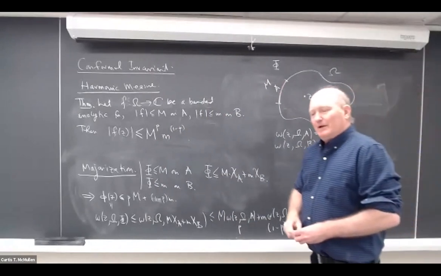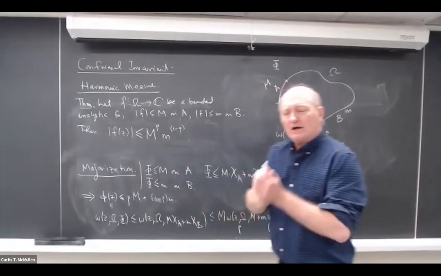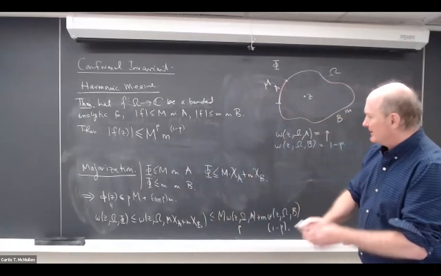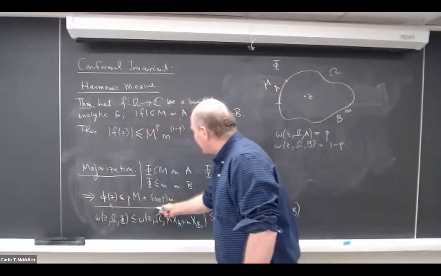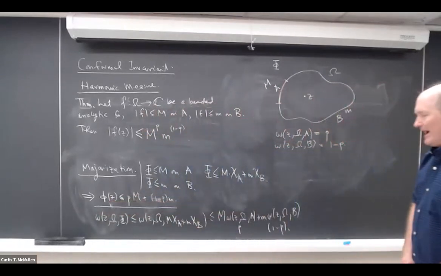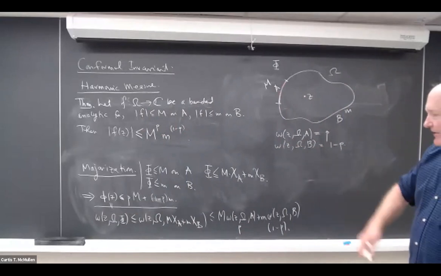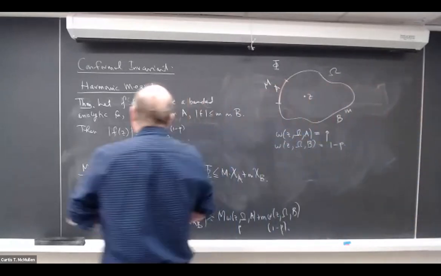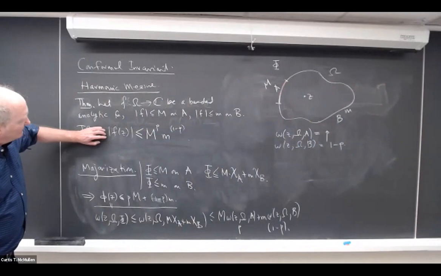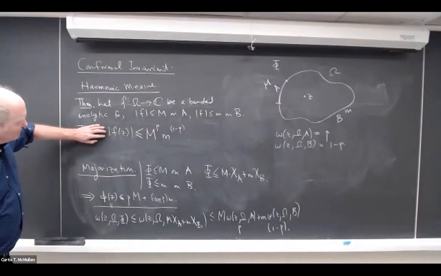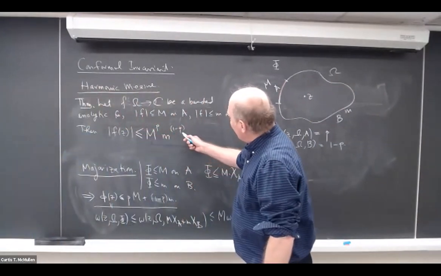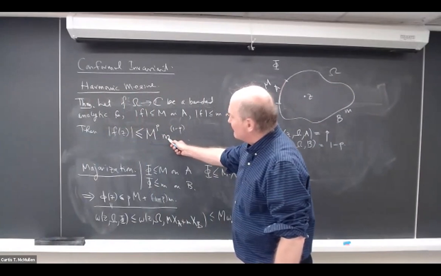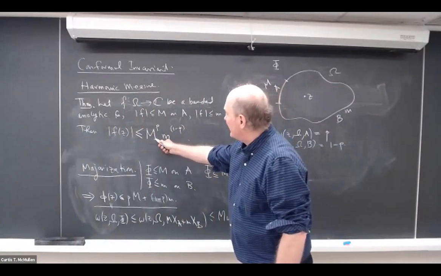Now look how much stronger this statement is than the statement we had for harmonic functions. For harmonic functions, we just got an upper bound. By the way, we don't even have a lower bound on the function in this case. But here, we're bounding the absolute value of f, which is of course positive. And now let's look at what happens as the bound little m goes to 0 while keeping big M fixed.